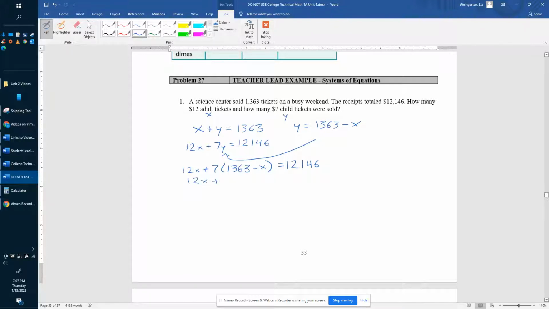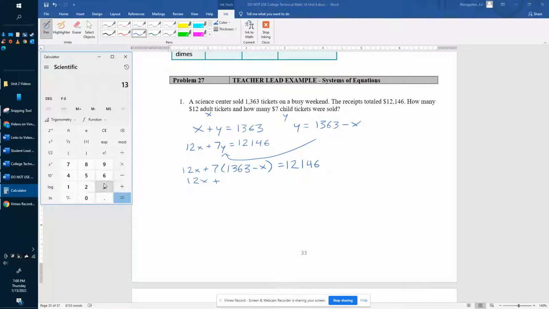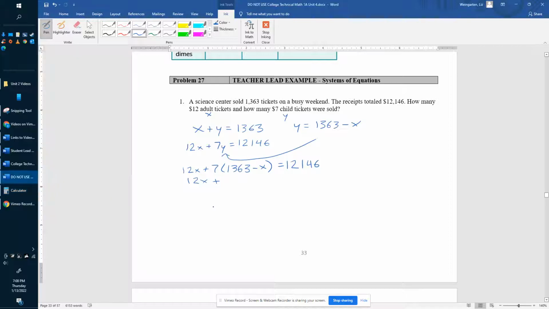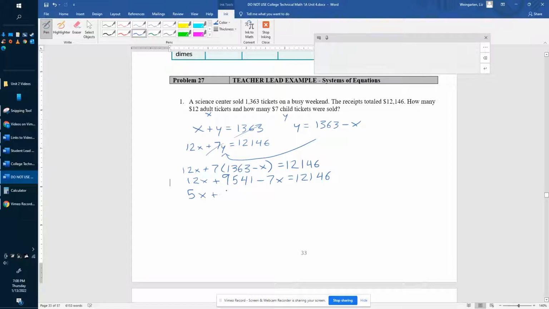12x plus, don't want to multiply that in my head, 1,363 times 7 equals 9,541, minus 7x equals 12,146. Combine like terms, we get 5x plus 9,541 equals 12,146.